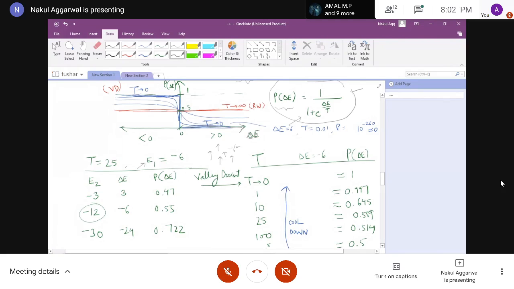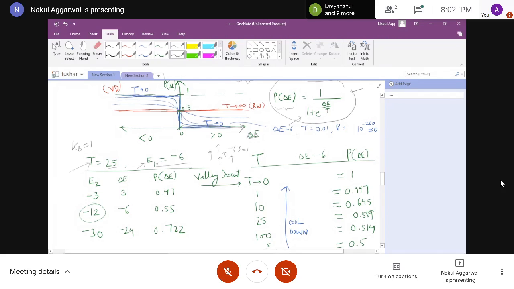The energy was -6J. We're assuming J equal to 1. So assume that E1 equal to -6. And also for our purposes now, we will set KB equal to 1. And like I said, we do not know how to choose temperature T. For now, fix temperature T as well. Let's keep it 25.